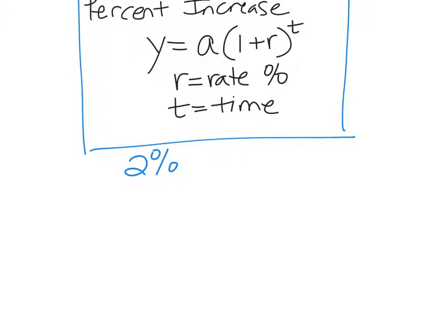What I'm going to do is I'm not just going to do 2%, okay? I'm going to do this. It's 100% of the tuition that you already pay plus 2% more, right? You have to pay that same amount plus an additional 2%. So I wouldn't want to say my growth factor is 2%. My growth factor is 1.02.